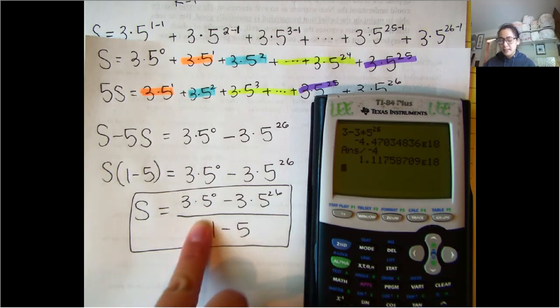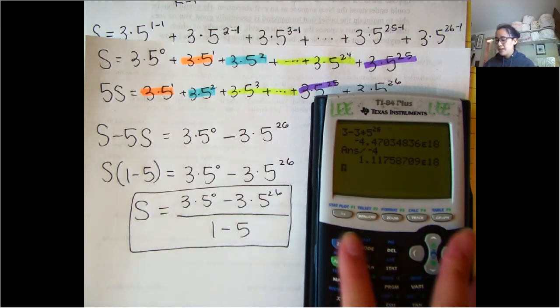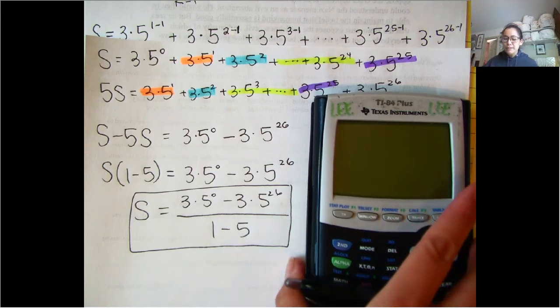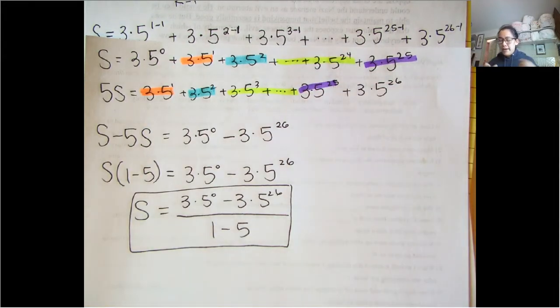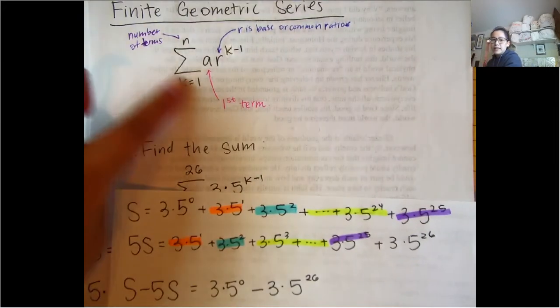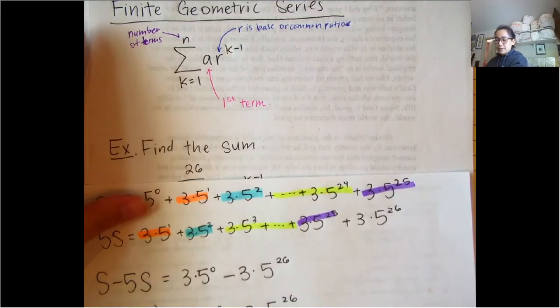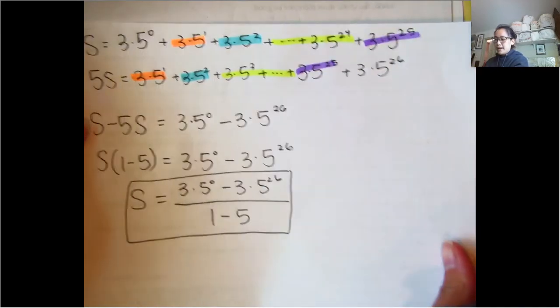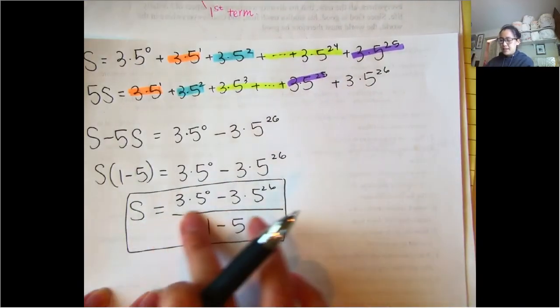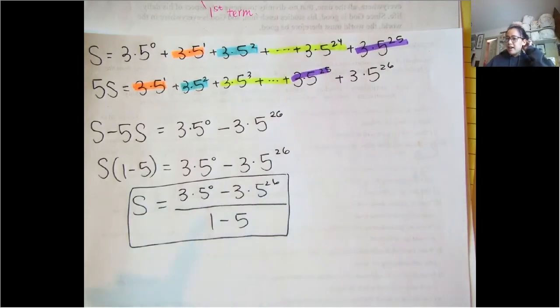This can be simplified a little bit more, of course, but I'm leaving it like this so I can show you something really cool. It happens that any geometric series, so any series that has this format where it's basically an exponential function, follows this sort of pattern. What I'm going to go ahead and generalize is take the pieces of this that are the first term, the A, the R, and create a basic formula.